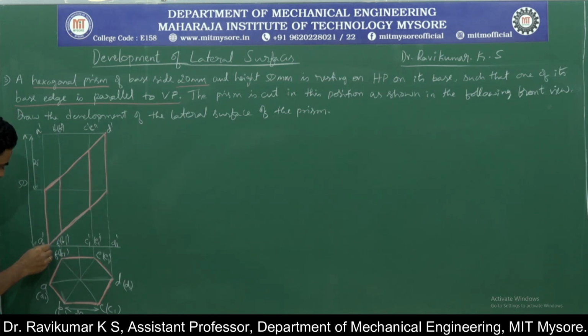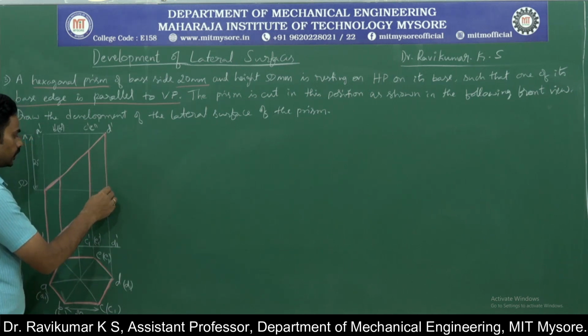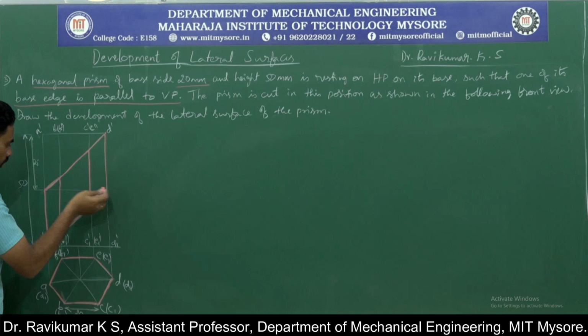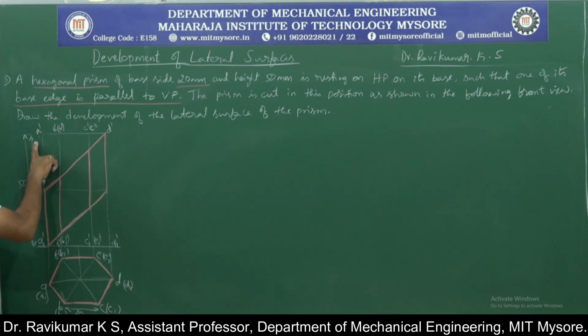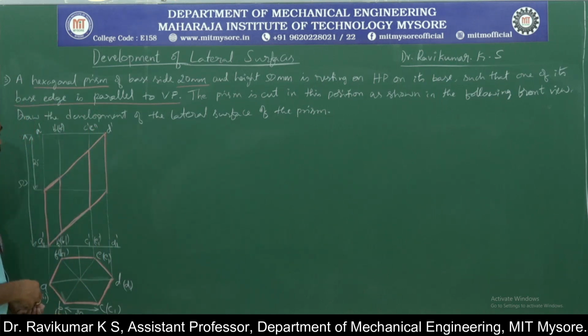One more cutting edge section plane starts at the leftmost bottom corner and ends at the rightmost edge, which is 25 mm either from top or from the bottom, which is at the center. Okay, because these two are in line. This is given as 25, therefore this should also be 25. So there are two section planes here, and since there are two section planes, you need to be careful.